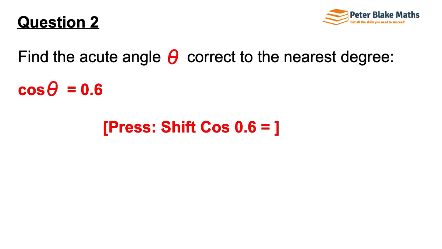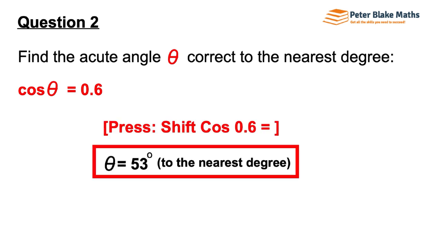We'll press shift cos 0.6 equals into our calculator, and we're asked to get it to the nearest degree there. So when we press that in, we'll get theta equals 53 degrees, and you'll be encouraged there to round off the degree carefully.